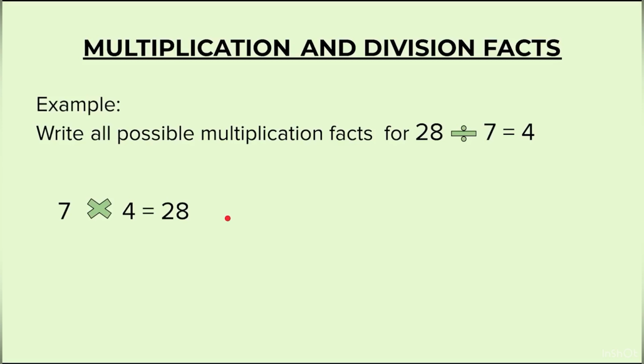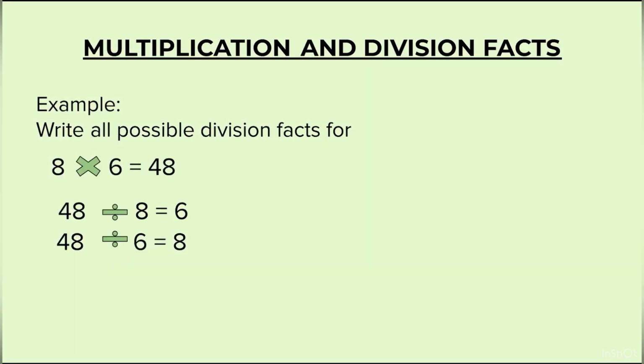Another thing to note here is you will only have one multiplication fact corresponding to a division fact. But if a multiplication fact is given, you could have two division facts related to it, as we had seen in the previous example.